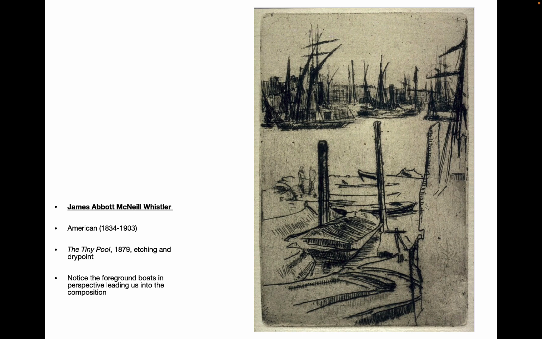What I want you to notice about this is how these little boats in the foreground, like the one we looked at before, are drawn very loosely and almost quickly, but with this energy. They're all drawn in their own perspective, right? One point perspective, and the composition is leading us into the background, which is using atmospheric perspective.